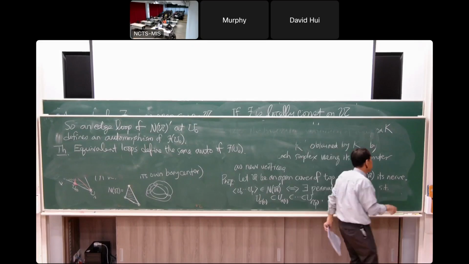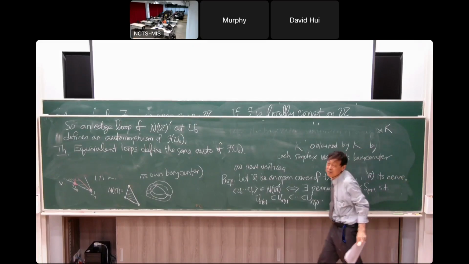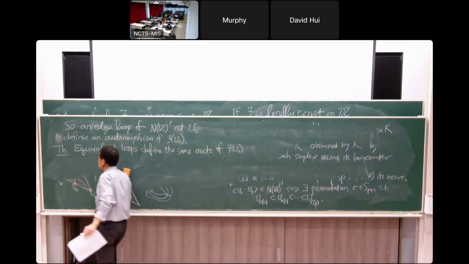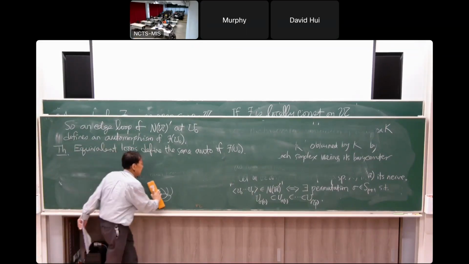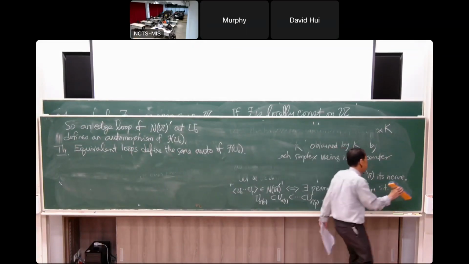And so you get a map from the edge group, from the equivalence classes of edge loops.